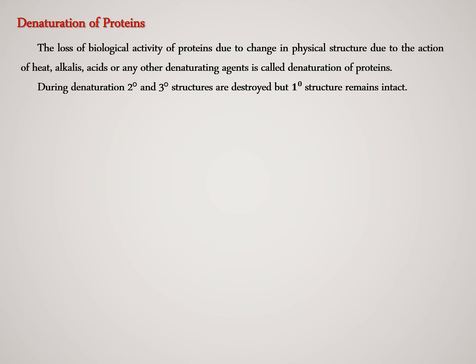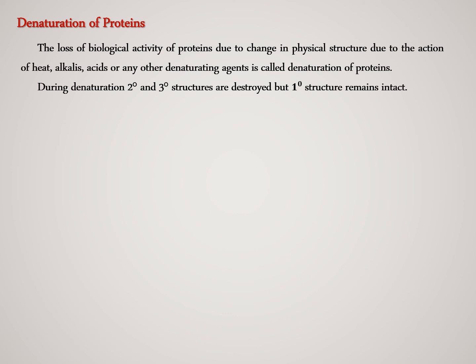When such a native protein is subjected to heat or changes in the pH or treatment with acids or alkali or some other denaturing agents, then the native structure of the protein gets destroyed or disrupted.